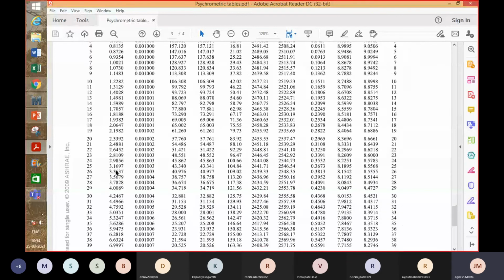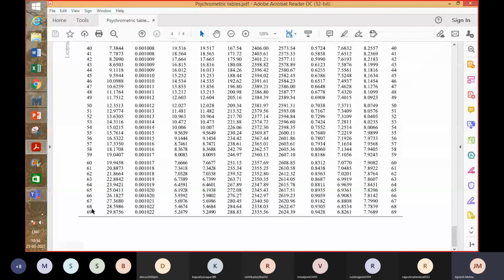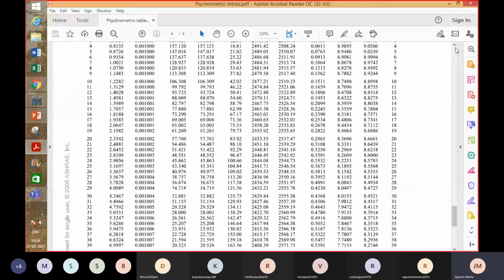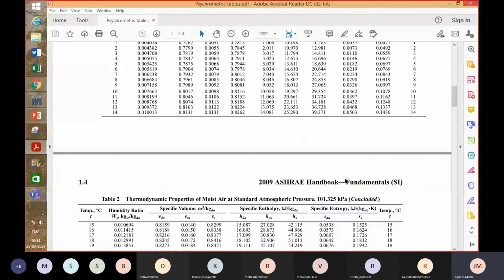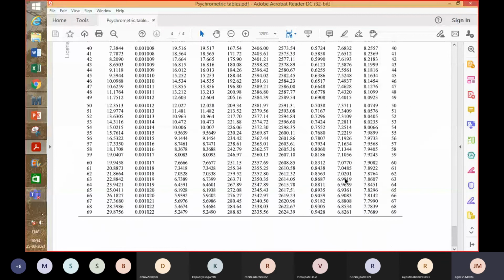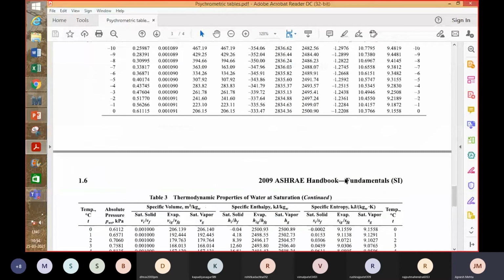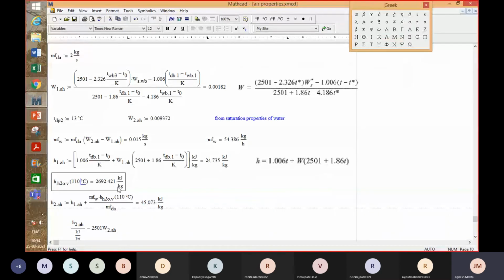So from steam tables at 110, whatever is the saturation enthalpy, that is Hg. Hg, the saturated vapor enthalpy, is what you will read, and that value is to be used. So that should be 2692 kilojoule per kilogram. So that's the enthalpy which is being added.